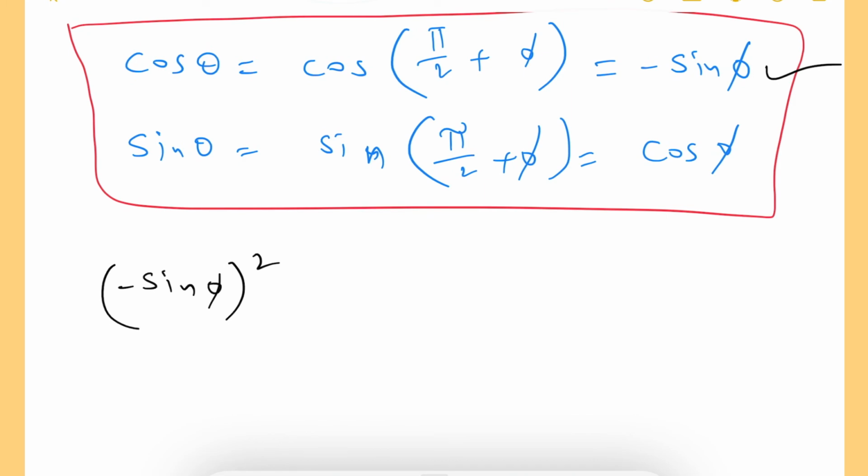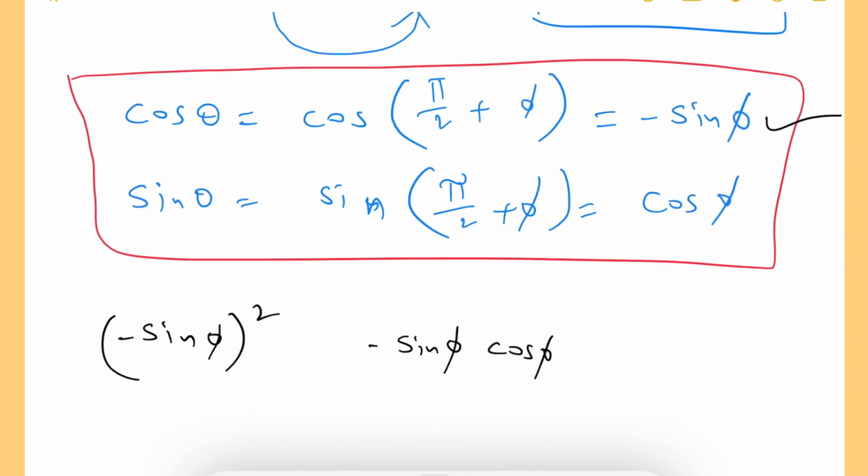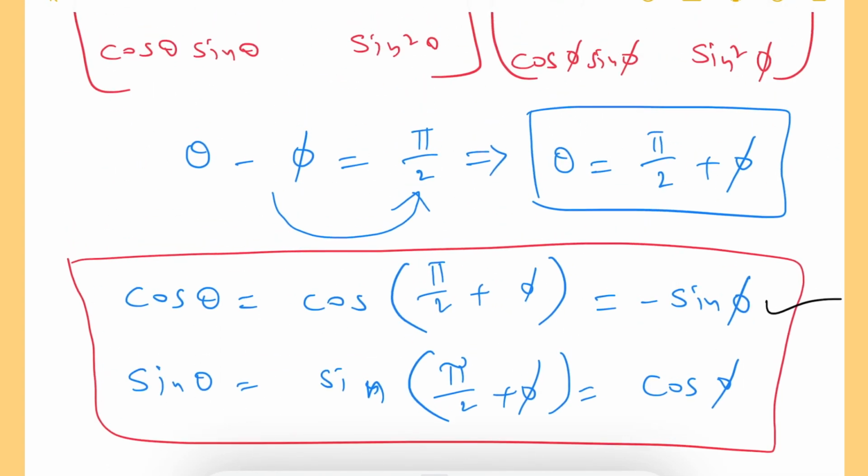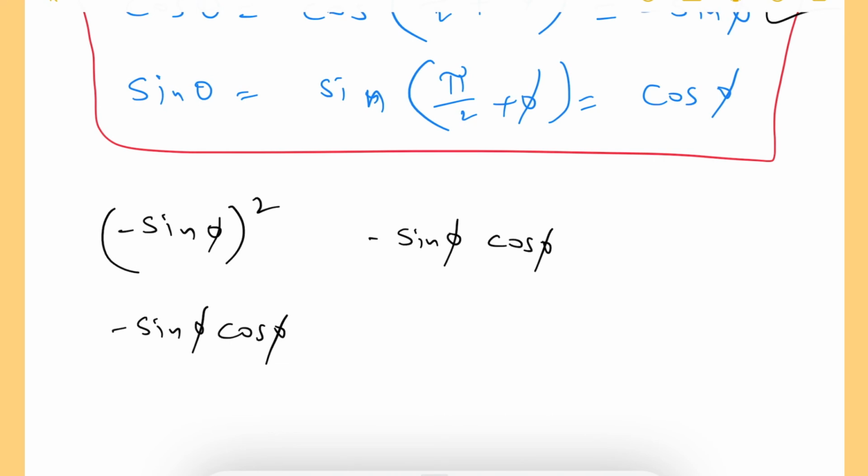So here we will get minus sine phi cos phi. Next, cos theta sine theta is there, so the same, minus sine phi cos phi. Then the last element, sine square theta. Sine theta is nothing but cos phi, so it becomes cos square phi.